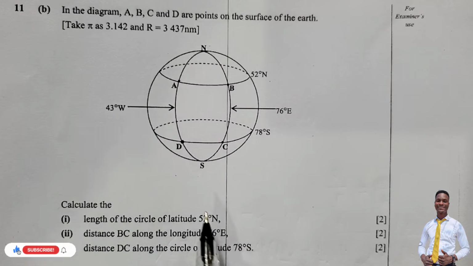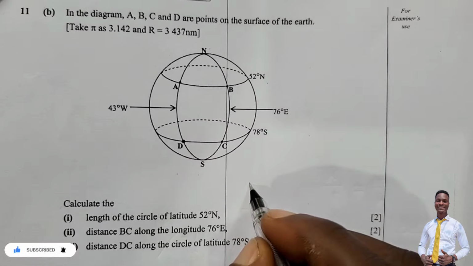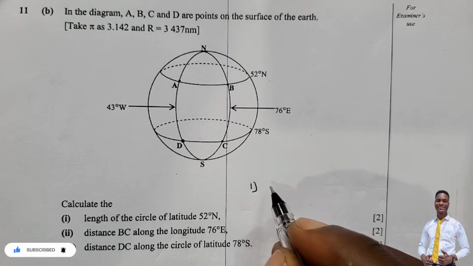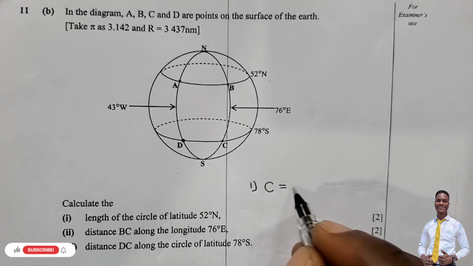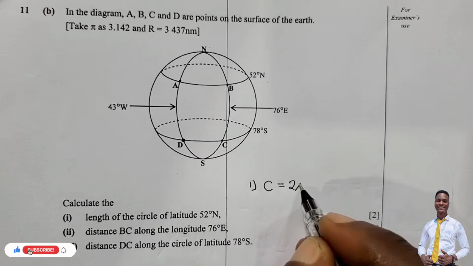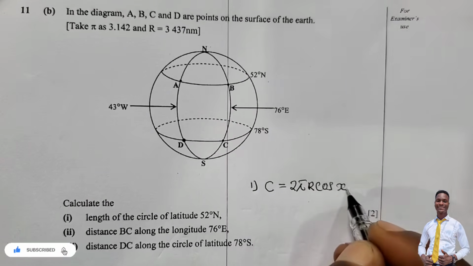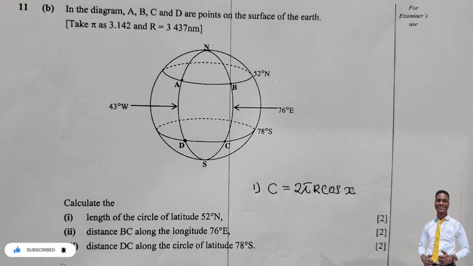So this is very simple. Circle of latitude is just the circumference. Calculating circumference is just C equals 2 pi r cos x.